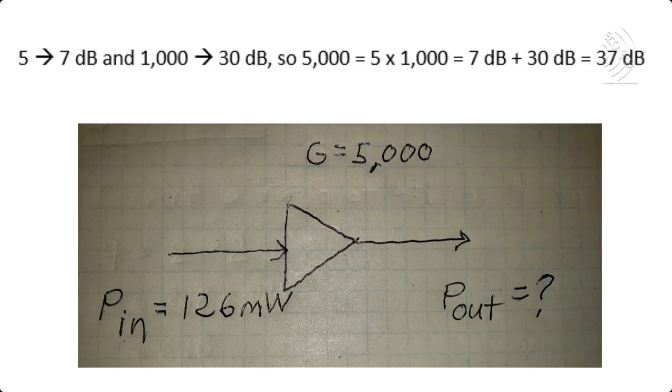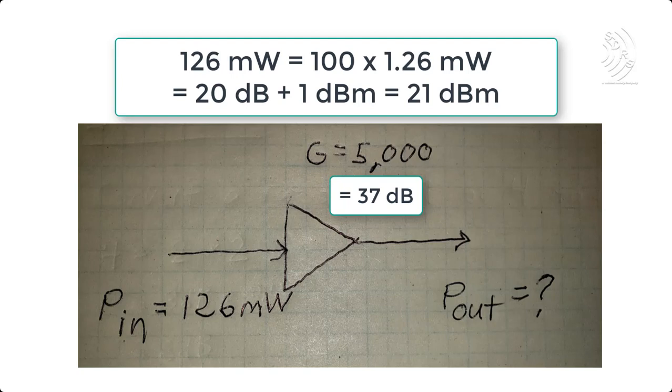So let's assume that we have converted the amplifier gain to decibels. A power gain of 5,000 converts to approximately 37 decibels, as shown here. Also, the input power of 126 milliwatts is approximately 21 dBm, which is the ratio of 126 milliwatts to a reference level of 1 milliwatt converted to decibels.